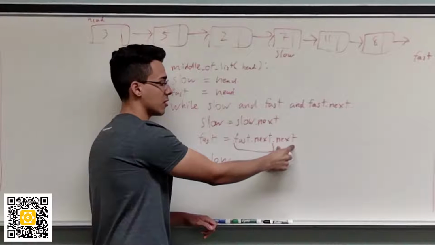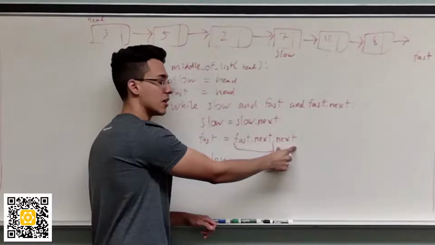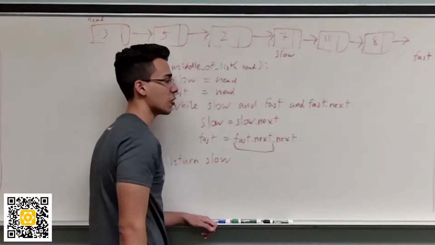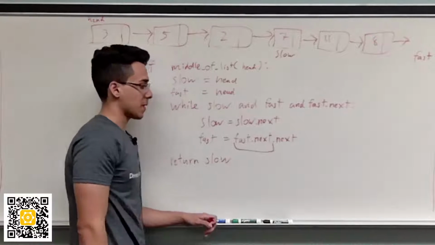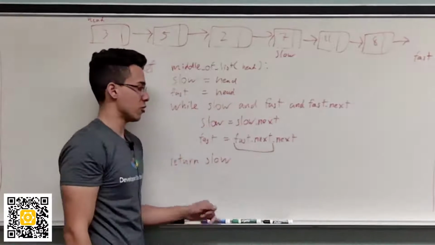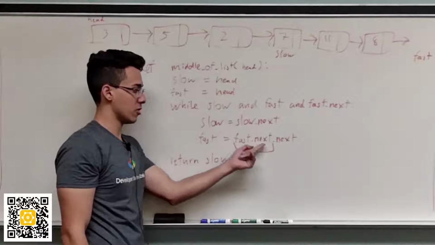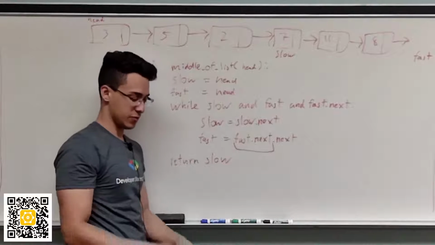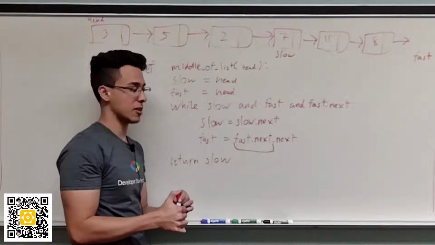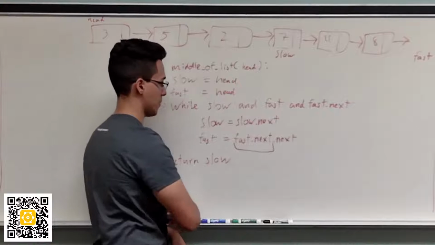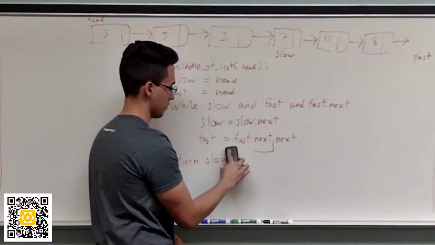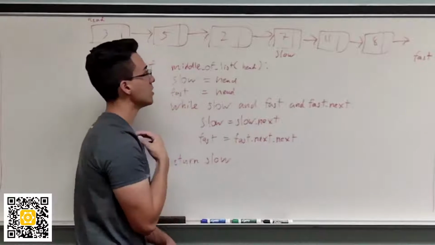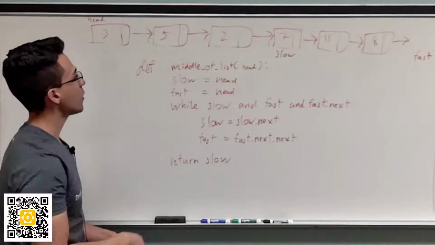This is going to give you an error when you compile it, or in this case, interpret it because it's Python. So that's why you need to check for this one, so you don't run into an error where this is null and null doesn't have a next attribute. So that makes sense now. So that's one way to get the middle.